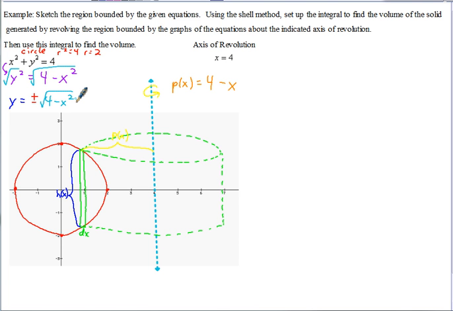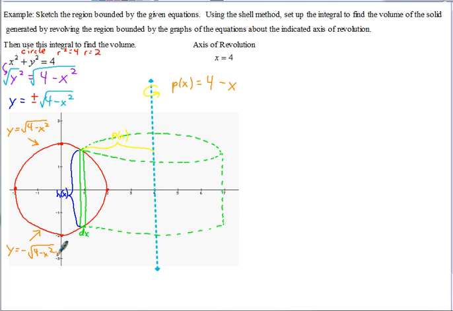So the circle can be made of 2 semicircle functions. The top semicircle there and the bottom semicircle right there. The one on the top is y equals positive square root of 4 minus x squared, because it's positive y coordinates. And the one on the bottom is y equals negative square root of 4 minus x squared.